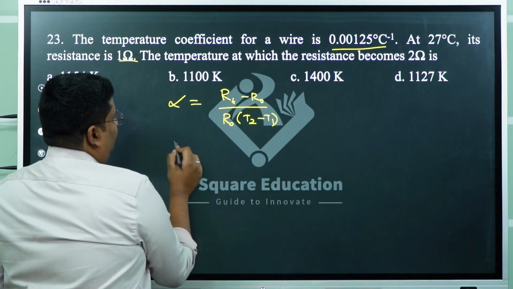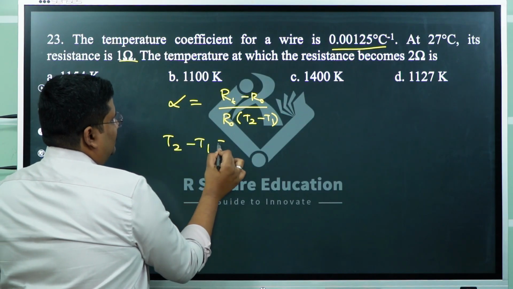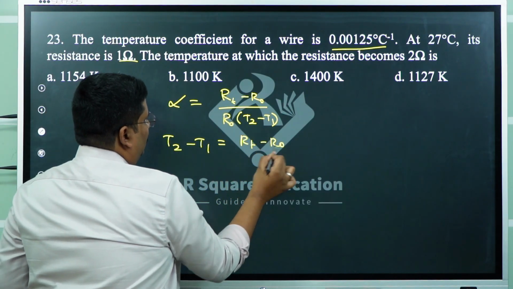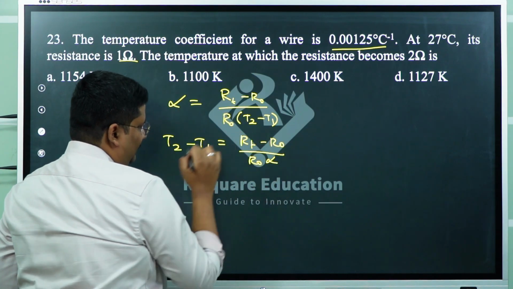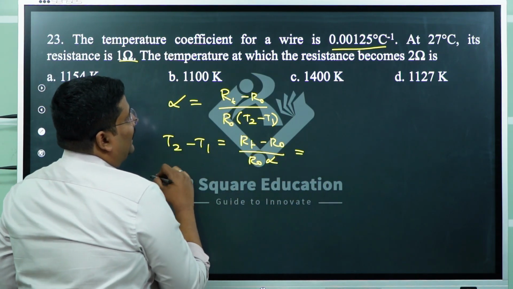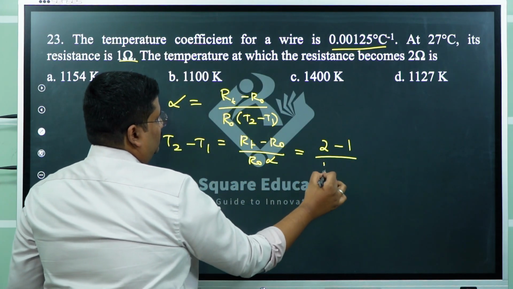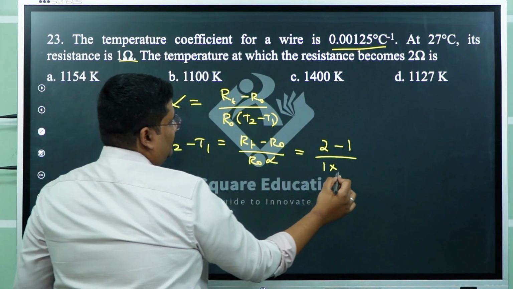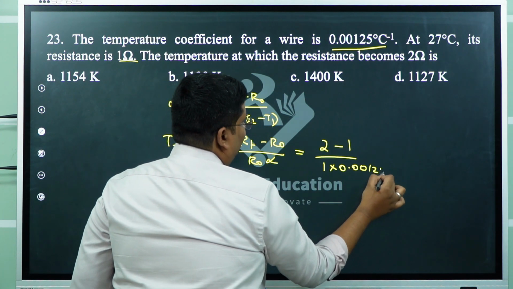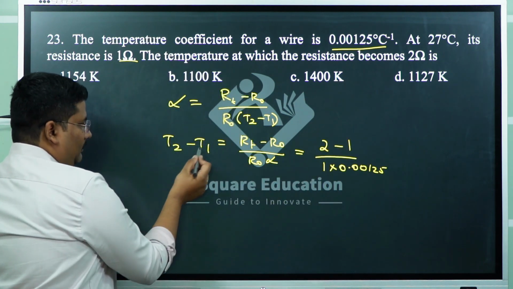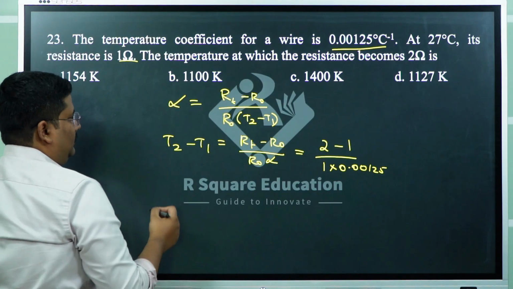So we can take directly T2 minus T1 is equal to RT minus R naught by R naught into alpha, which is 2 ohms minus 1, divided by R naught equal to 1 into alpha, which is 0.00125. And T1 is 27.